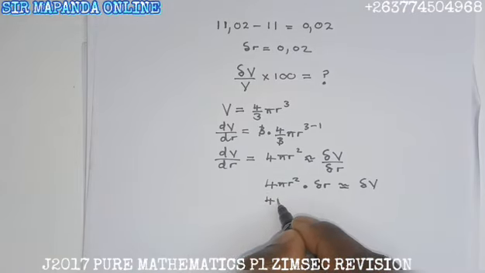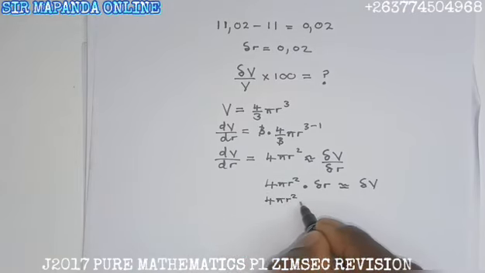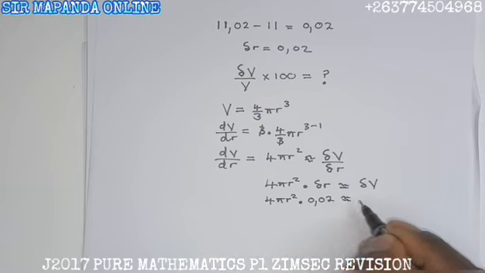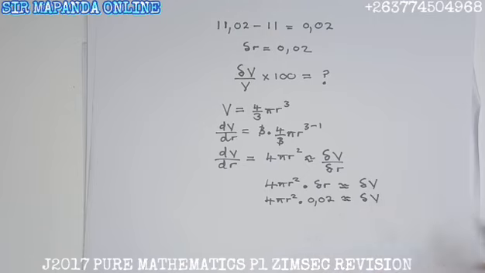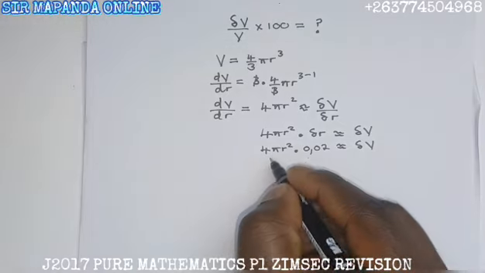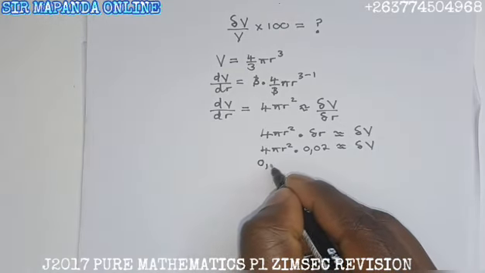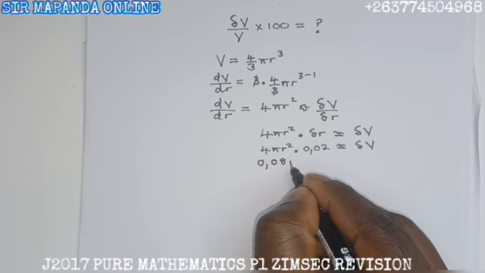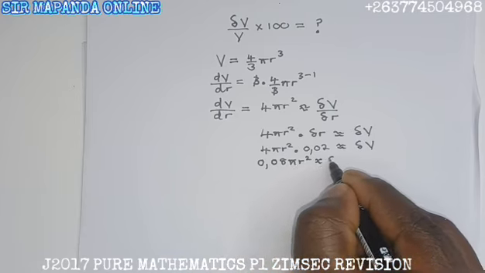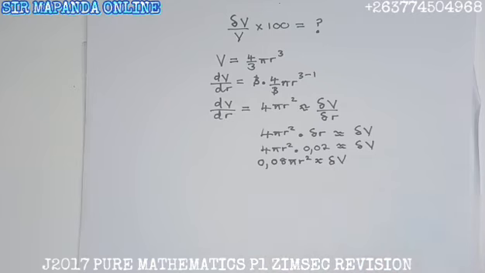So you say 4 pi r squared dot product 0,02 is approximately equal to delta V, something like this. Then you multiply, you get 0,08 pi r squared approximately equal to delta V. I hope you are following, right?